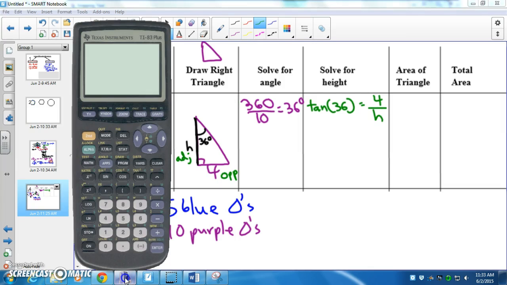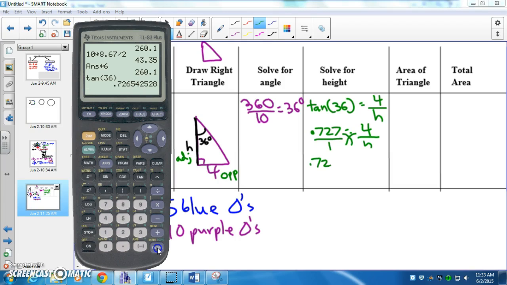You can go to your calculator and check on tangent of 36, 0.727 is 4 over h. I like to think of that as over 1. Cross multiply, divide by 0.727. You get h equals 5.5.